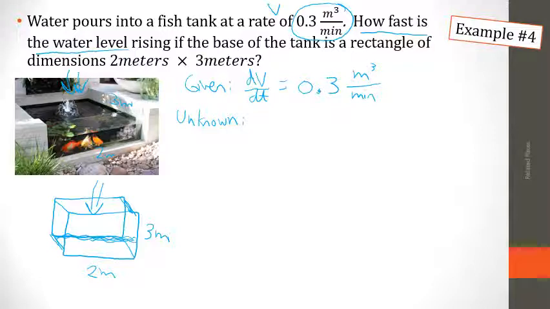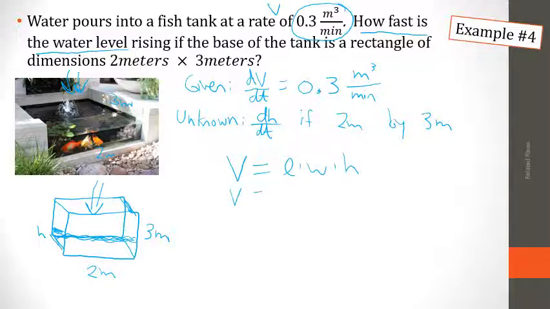Well, let's call this water level h. So how fast is dh dt rising if the tank is 2 meters by 3 meters? Okay, so we need a relationship. Obviously, this is going to be volume. The volume of our tank is length times width times height.